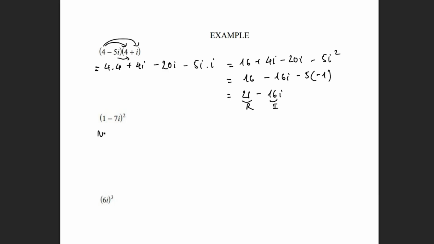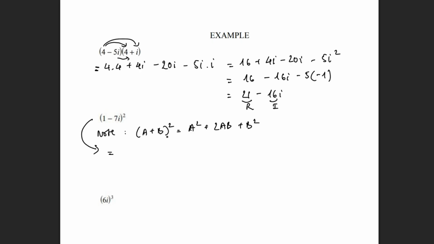Alright, so note that (a + b)² = a² + 2ab + b². In here, we will consider 1 as a and -7i as b.